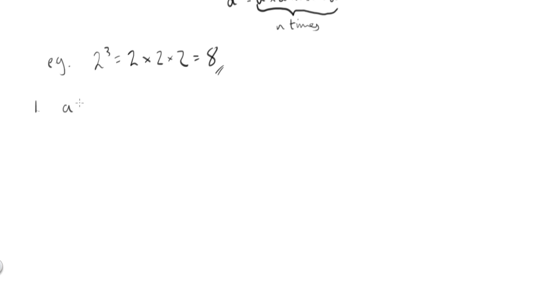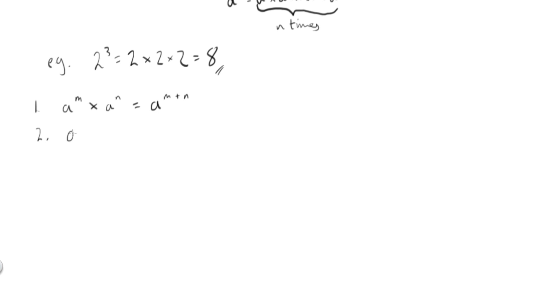If I have a base a raised to the power m, and I'm multiplying it by the same base a but raised to a different power n, I can simplify that by saying that's the base a raised to the power m plus n. Notice the base has to be the same quantity. The powers don't have to be the same, but if you've got an exponent multiplied by another exponent with the same base, you add the powers. That's the first law.